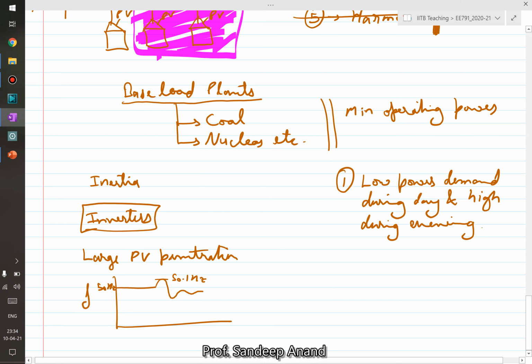But now, because the system has less inertia, for the same transient or some other transient, the frequency during the transient might go even higher, let's say 50.4 Hertz.